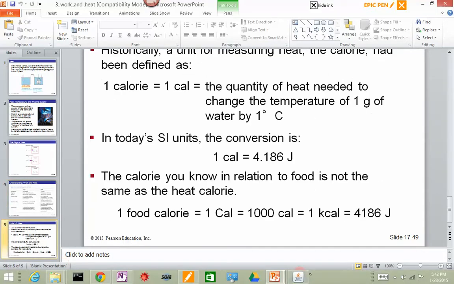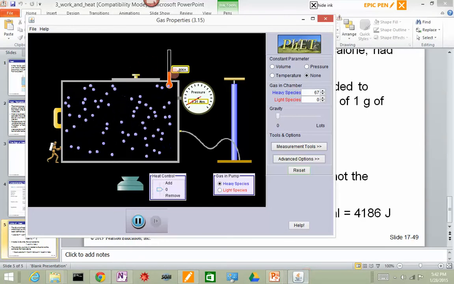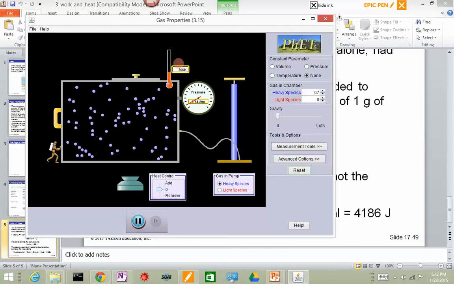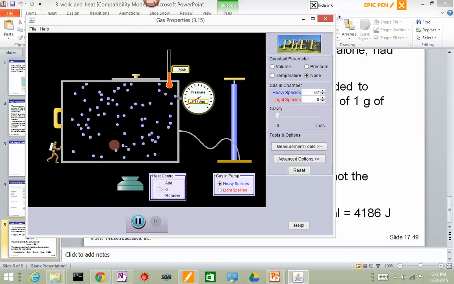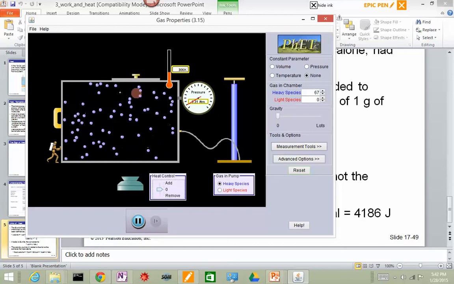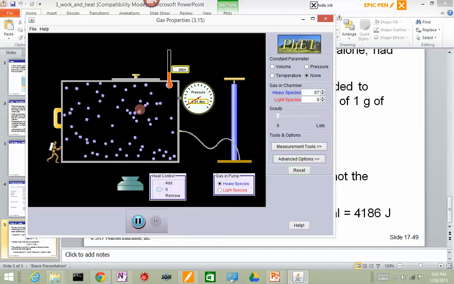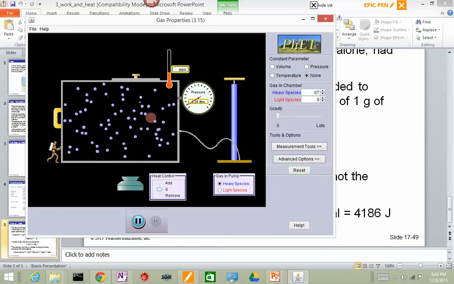So let's look at heat and work again. I have a system here. This system is at 306 Kelvin, and this system has some energy. I want to change the energy of this system. I can do that in two ways. I can do work or I can heat the system.